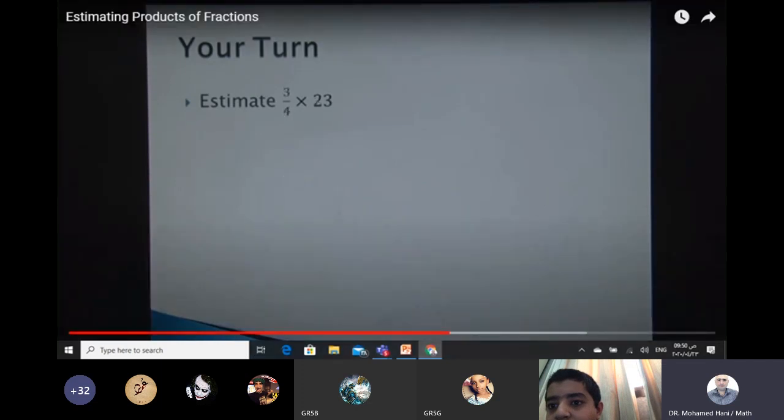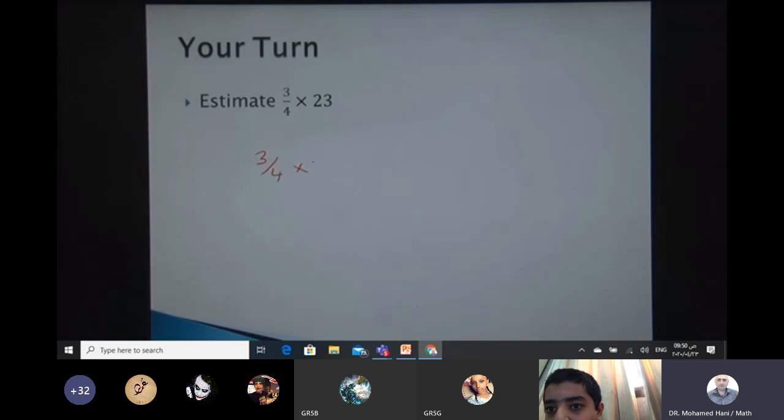Estimating 3/4 times 23. The closest multiple of 4 to 23 is 24. So now I'm going to draw my bar diagram. 24 is the whole number. So now I divide 24 by 4 to get 6.